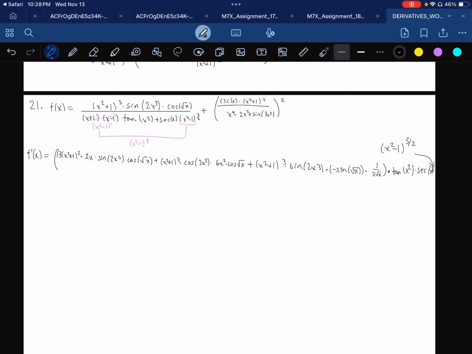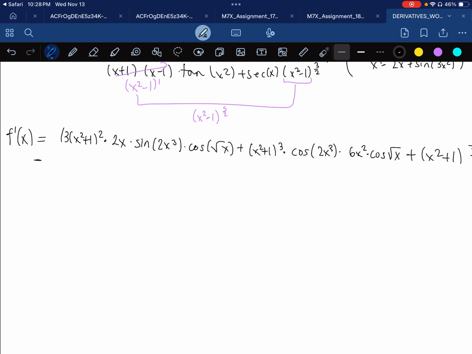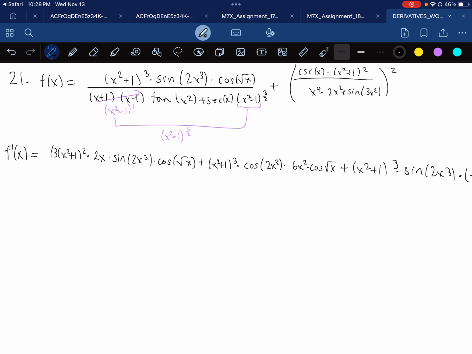Okay. Now, minus, we're going to pretty much subtract that. And to avoid confusion, we're still going to put this all in one parentheses, minus all of this.